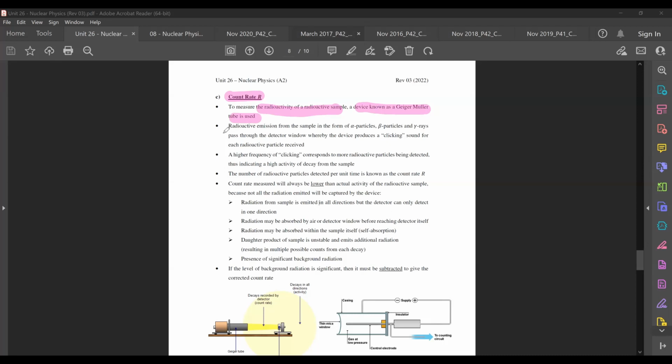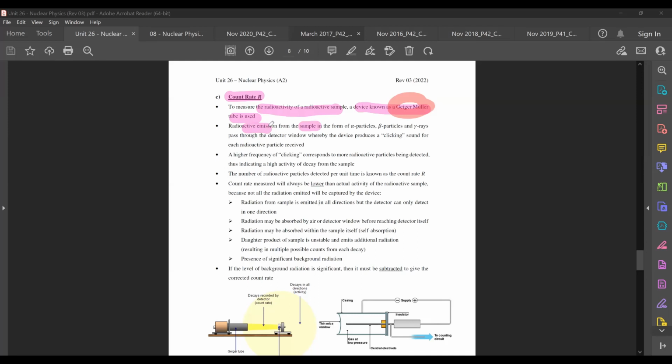If you suddenly have an increase in the clicking sound, that means the radioactivity is very high. That is what you call your Geiger-Müller tube. What a Geiger-Müller tube actually does is this: it will try to capture the radioactive emission from a sample.